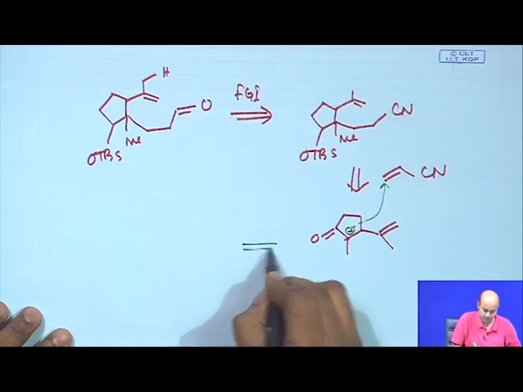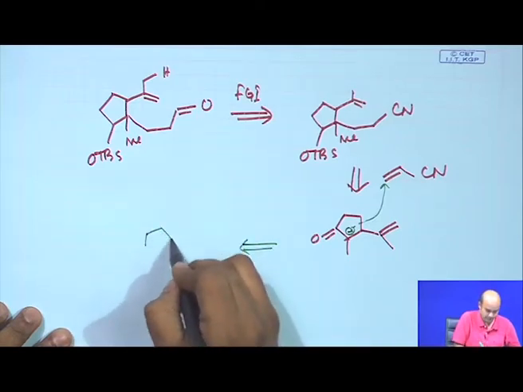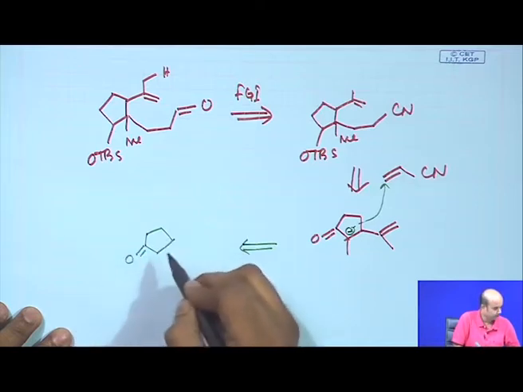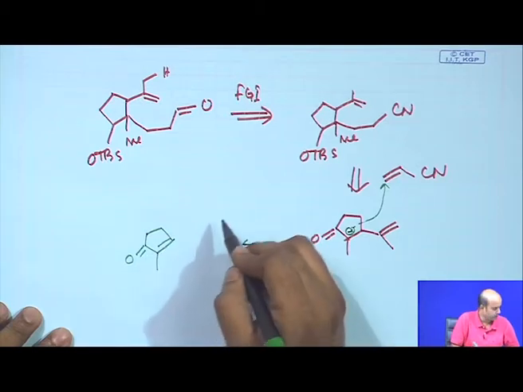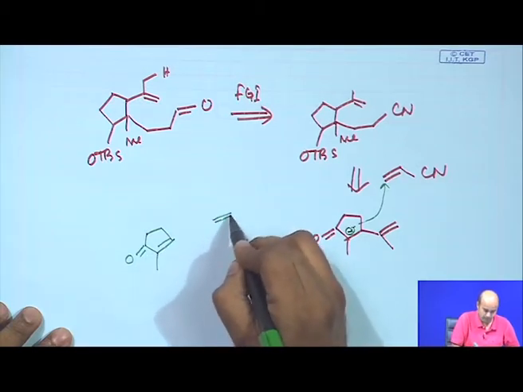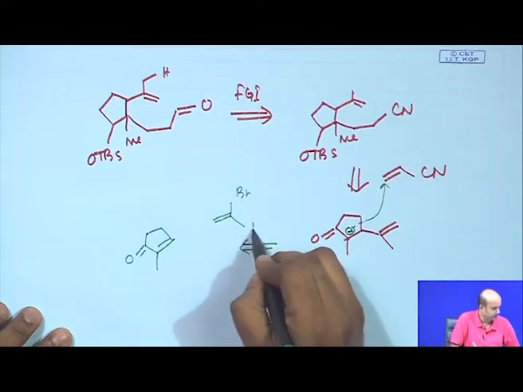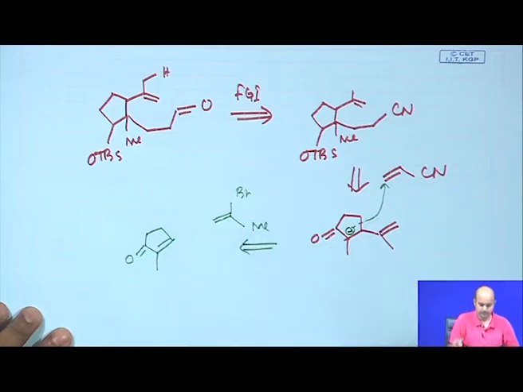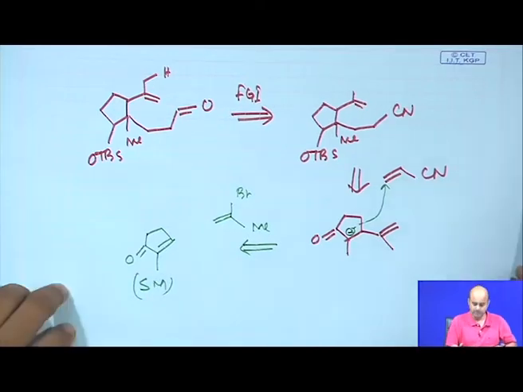Now, you can simplify it to a cyclopentenone based starting material, which is this, and you can think about doing a simple Gilman reaction to put this methyl. So, this is your starting material, an absolutely easy starting material, commercially available.